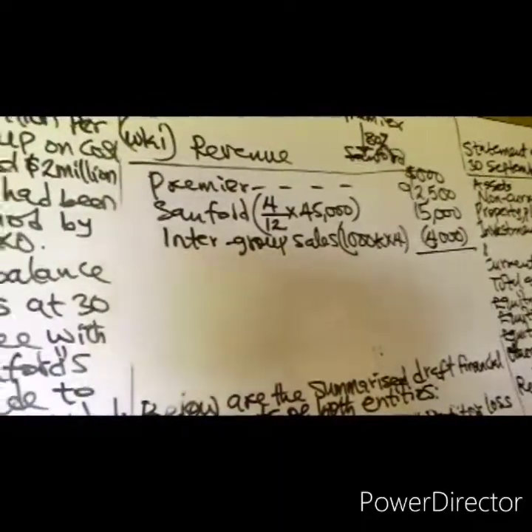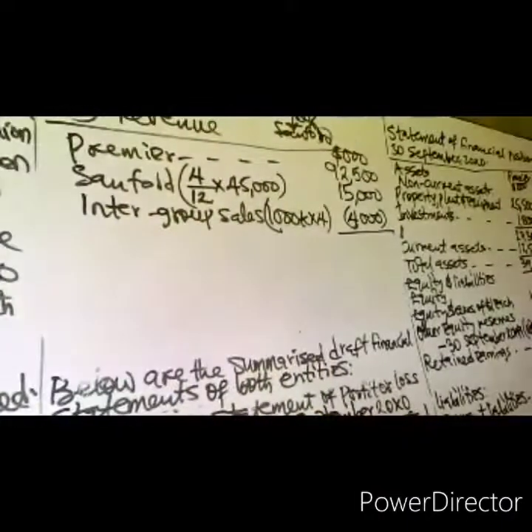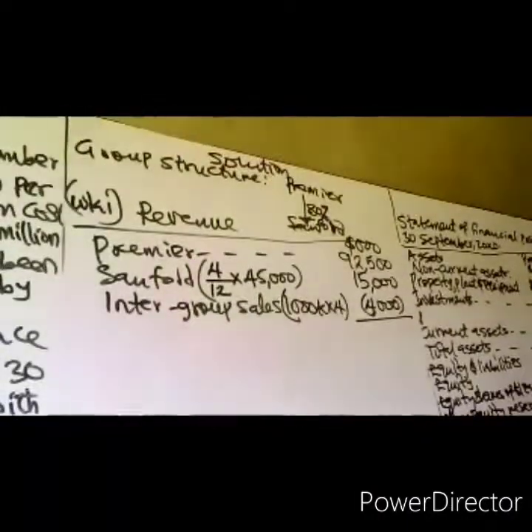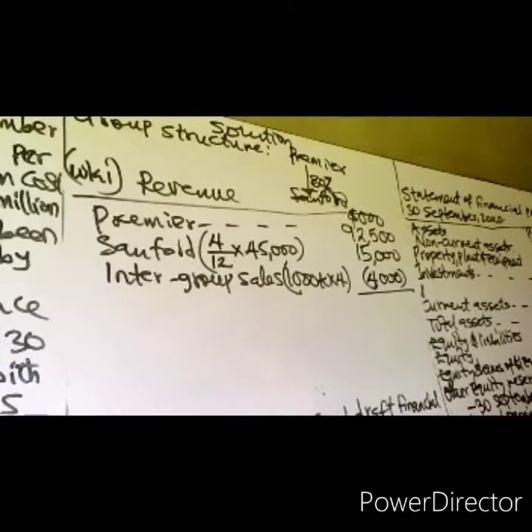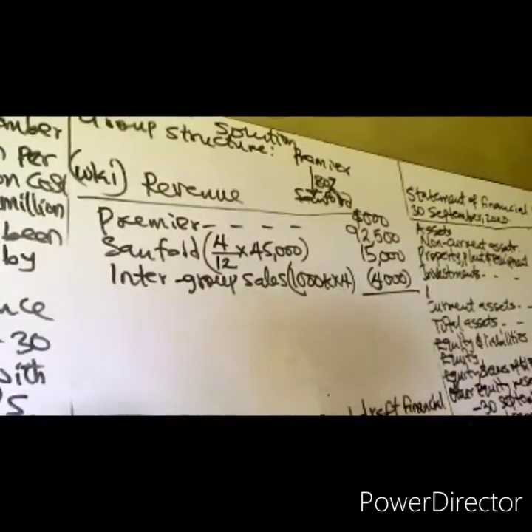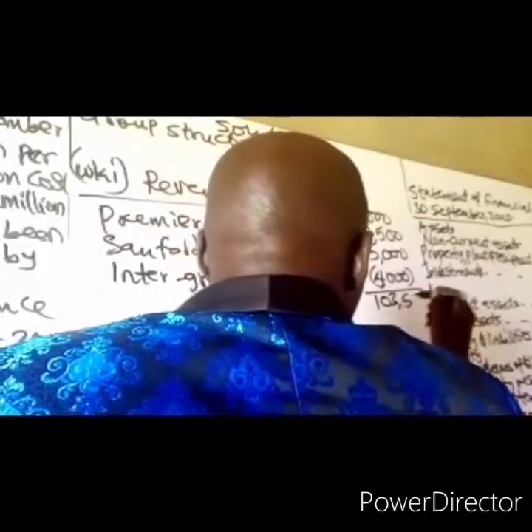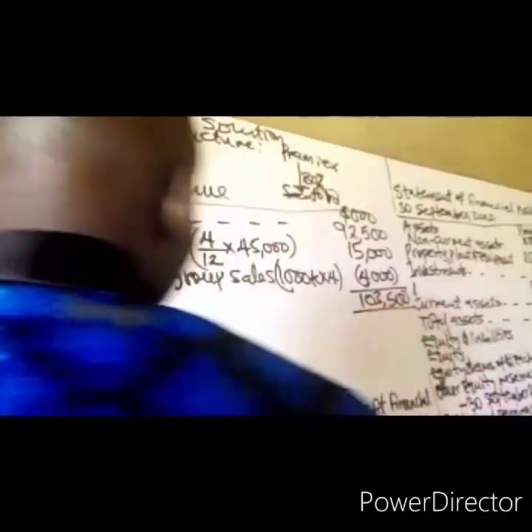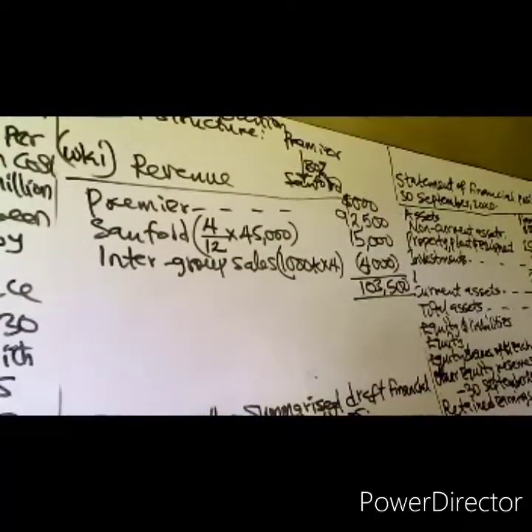Intergroup sales should be eliminated. Therefore, the revenue that will be consolidated will be 92,500 plus 15,000 minus 4,000, and that will give us 103,500. That is the revenue that will appear in the consolidated statement of profit or loss.